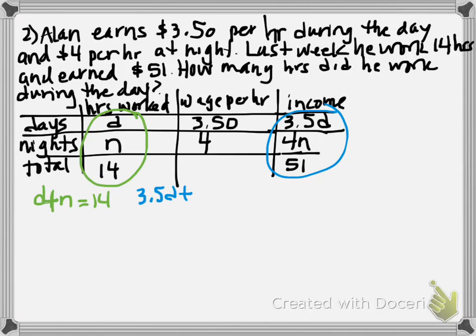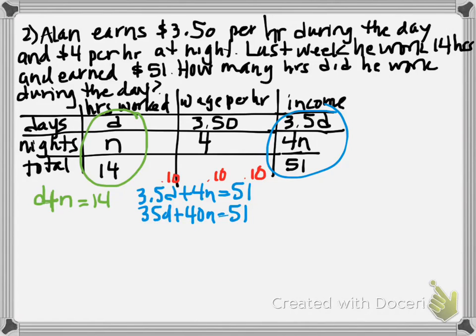And the only alteration that needs to take place is in the second equation. There's a decimal, so I want to get rid of it. And all it's going to take is multiplying by 10 to move the decimal point over. So that gives me 35D plus 40N equals 51. Now, we have a couple options how we could do this problem.